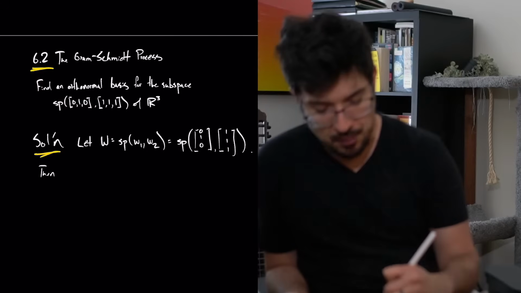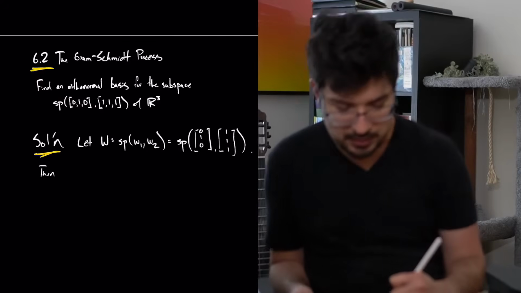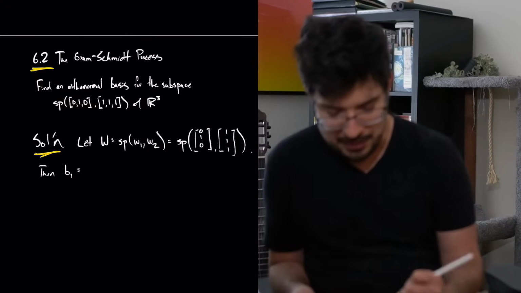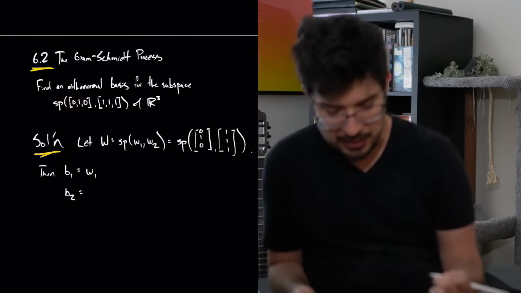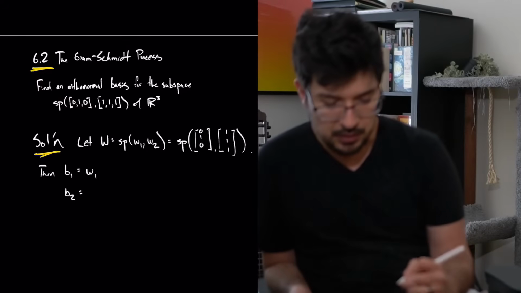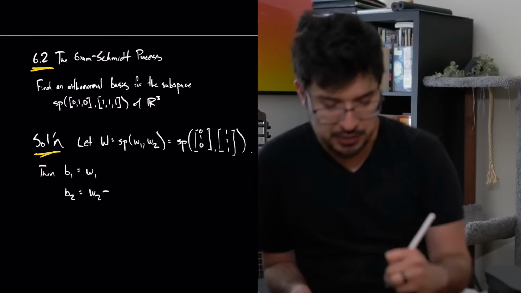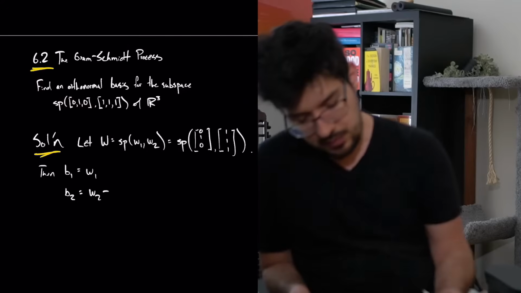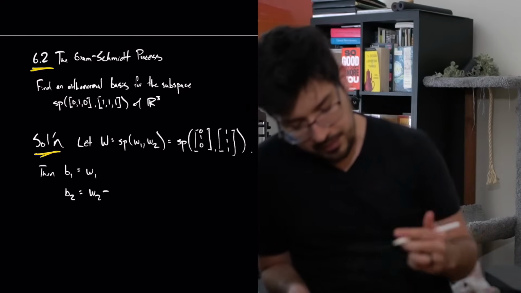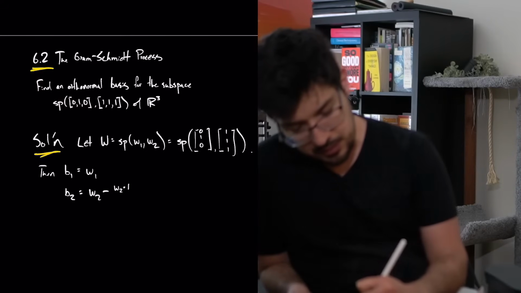Then we let B1 equal W1, and then we let B2 equal W2 minus the projection of W2 onto B1.